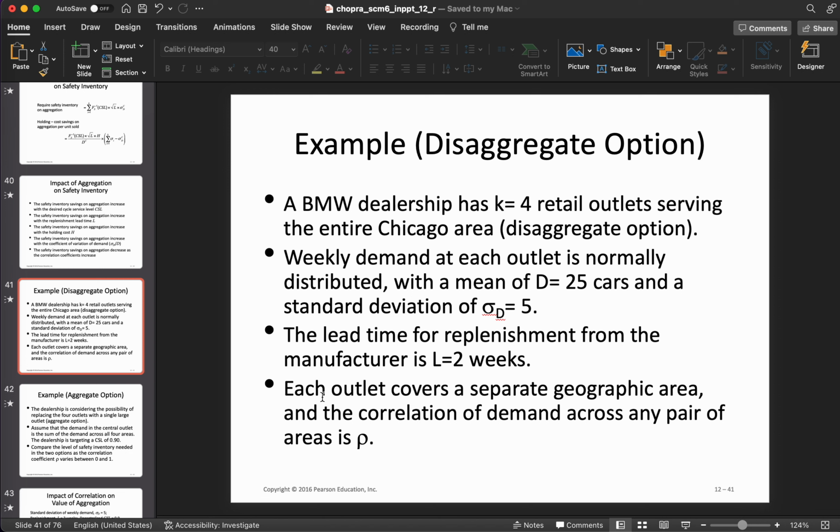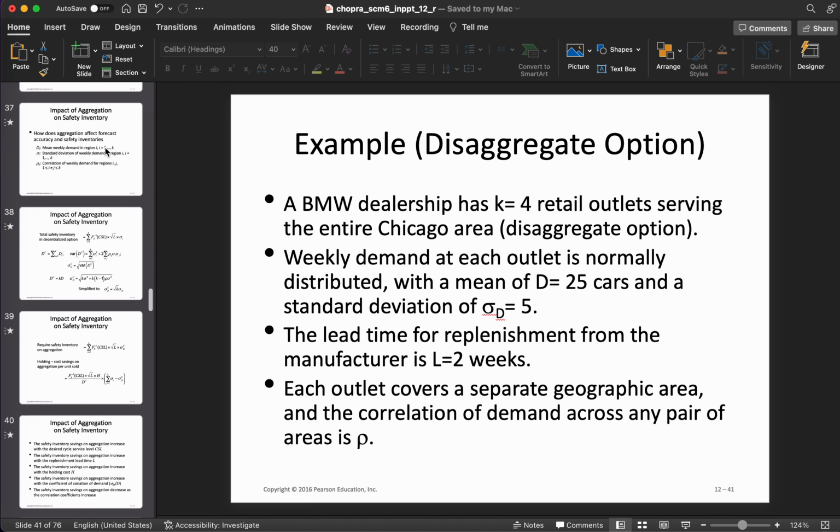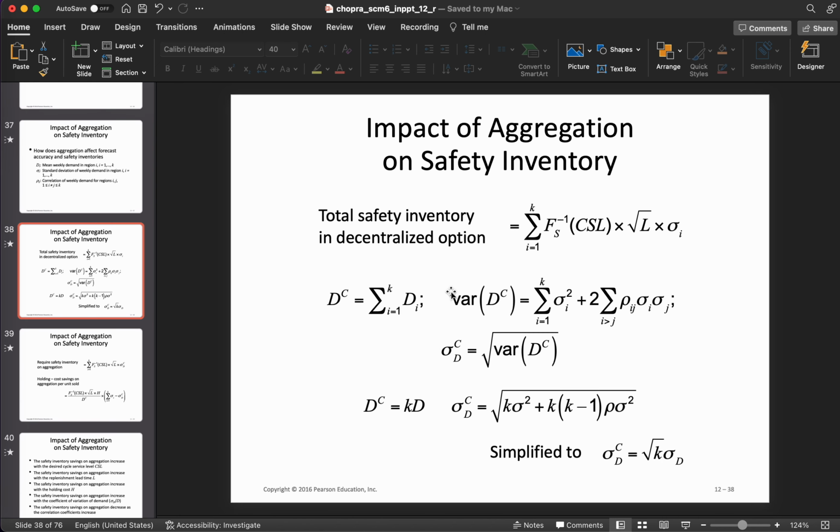Now, we'll assume that each outlet covers a separate geographical area and there is some correlation in demand across any pairs of these areas, but we'll assume that the correlation is constant at rho. So the standard deviation is the same and the correlation is the same. Remember, of all these different formulas, if correlation and standard deviations are different, we use this formula for the standard deviation of correlated, aggregated demand.